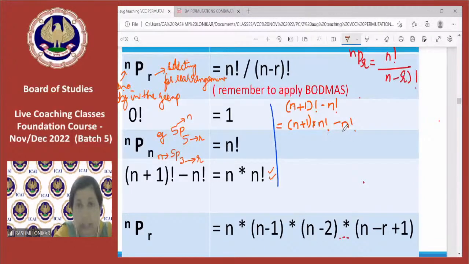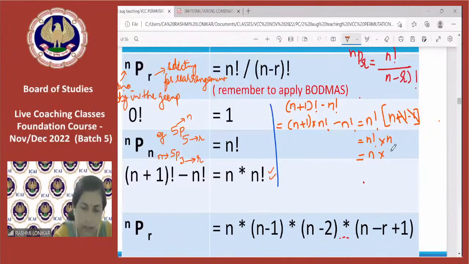Now I take n factorial common. So this is n factorial, and what will remain? This is n plus 1, and from this I have taken out n factorial, so what will remain is 1, so minus 1. So plus 1 minus 1 will get cancelled. So this will be n factorial into n, which is usually written with the number first and the factorial later, n into n factorial.